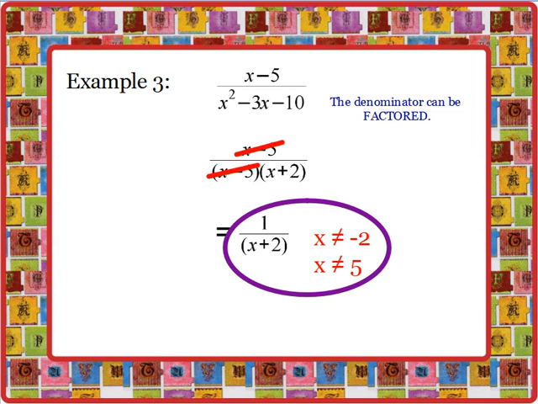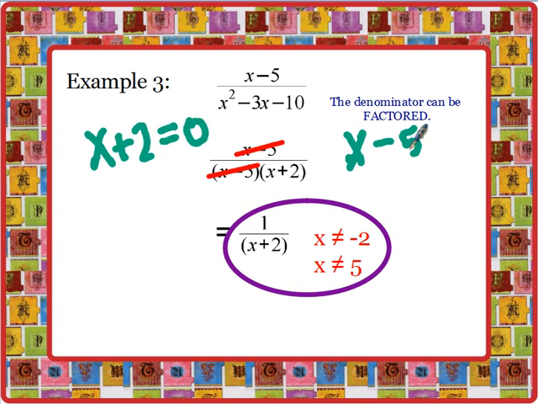So for those of you whose heads are spinning, let me remind you why that is. Here in my denominator, I have an x minus 5. Let me rewrite that. I have an x minus 5, and I have an x plus 2. Basically, what I'm doing to find my restrictions is setting those equal to 0.